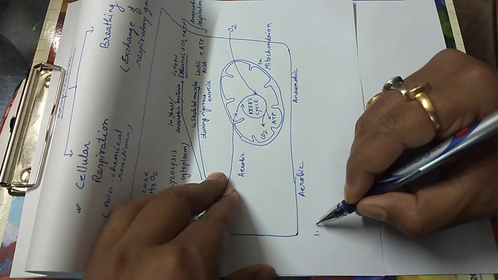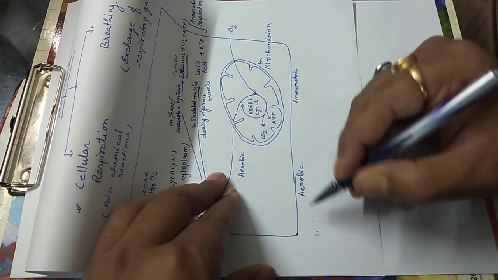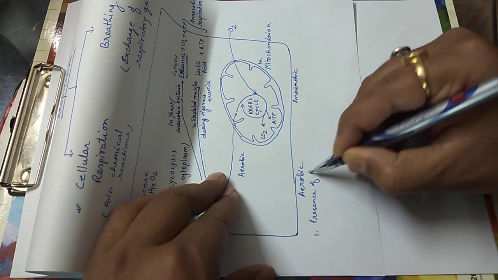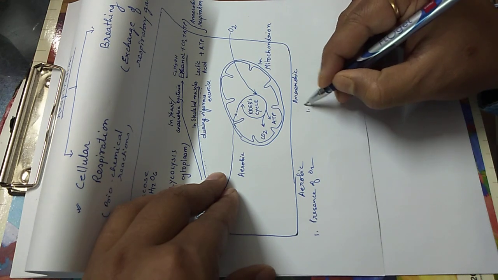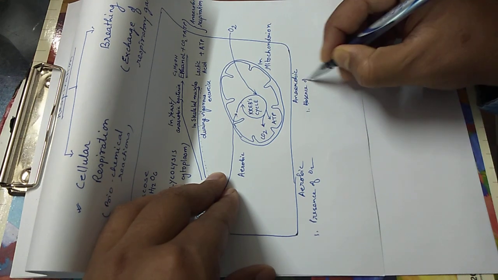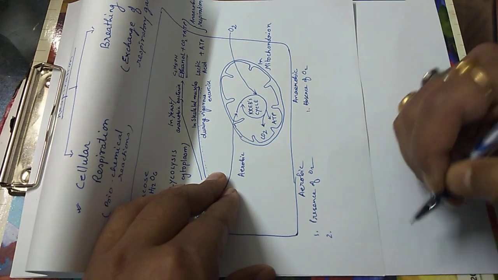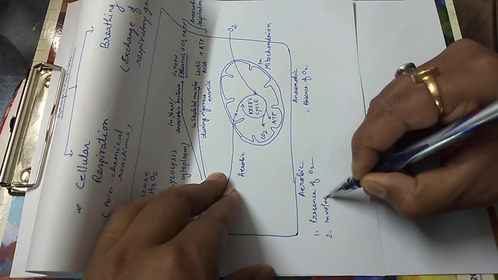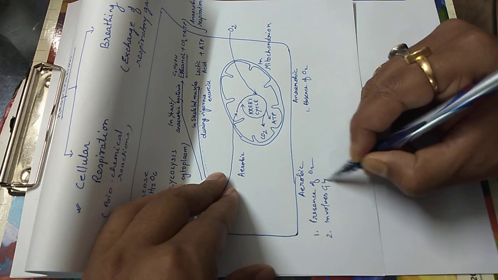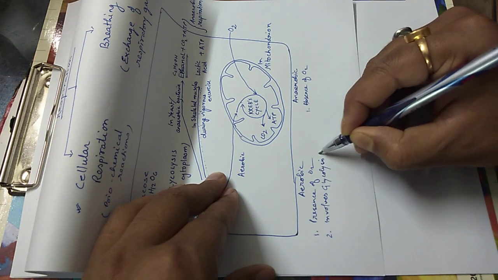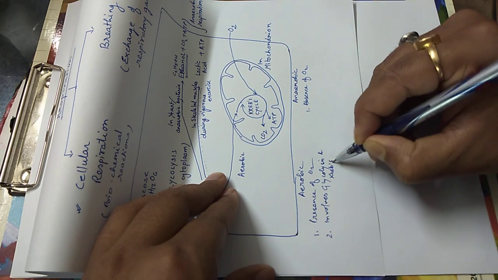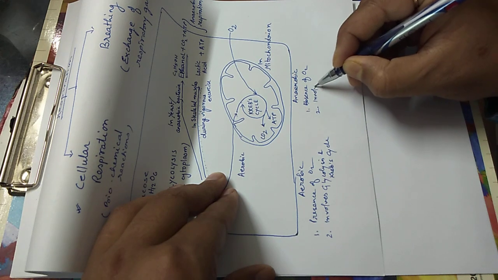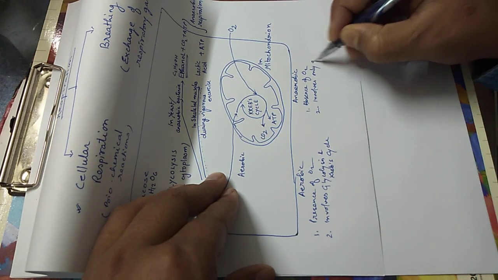Aerobic respiration, we can say first the basic difference occurs in presence of oxygen; anaerobic occurs in absence of oxygen. Second difference, aerobic respiration involves glycolysis and Krebs cycle. Anaerobic respiration involves only glycolysis.